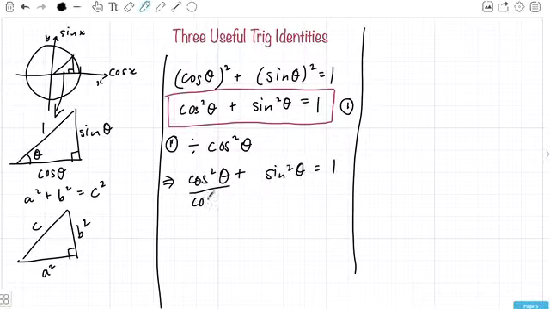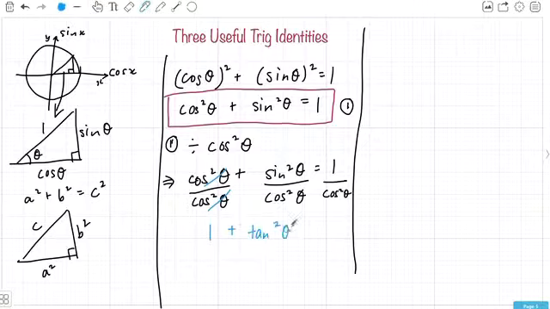I'm going to divide every term here by cos squared theta, and what you'll see, these cos squared thetas are going to cancel out and leave 1, plus sine over cos is tan, and in this case it's going to be tan squared because we have sine squared and cos squared.